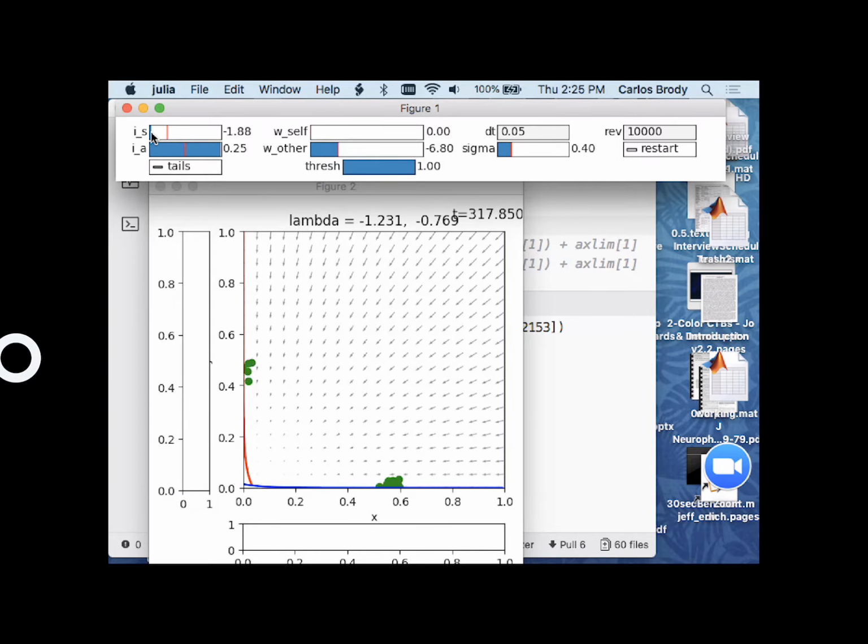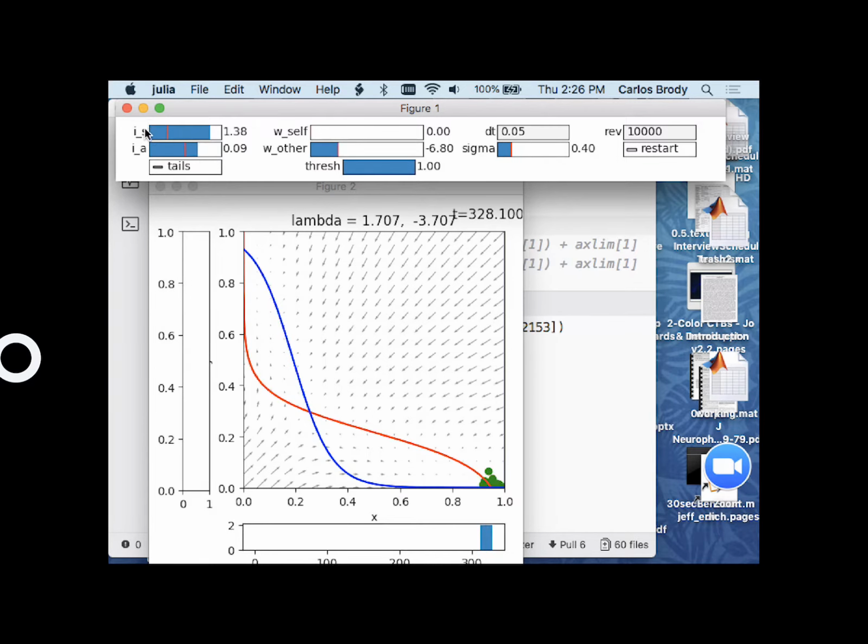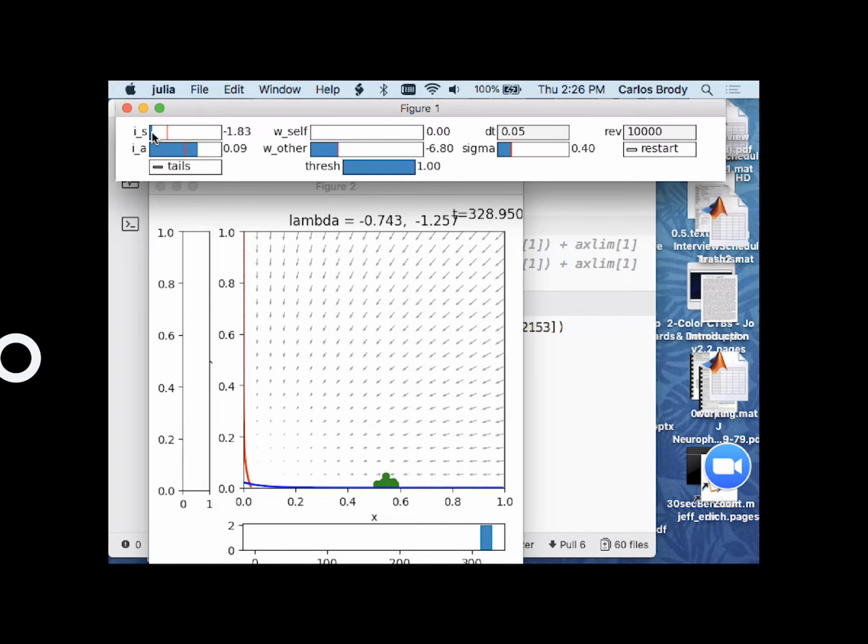So if I make that asymmetry very strong, then almost all of them, or in this case, all 80 trajectories ended up on one side. But as I make the asymmetry weaker, then the fraction of trajectories that end on one side is going to change gradually.